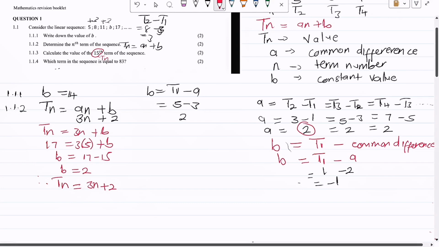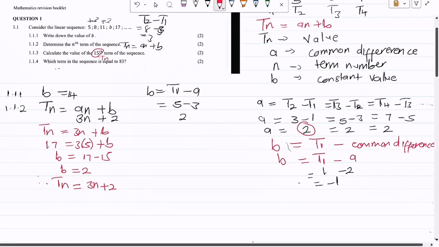And then we are going to group the like terms on each side, okay? 2 is a like term for 83, so we're going to have 83 minus 2 is equal to 3n. And then we have 81, which is equal to 3n.